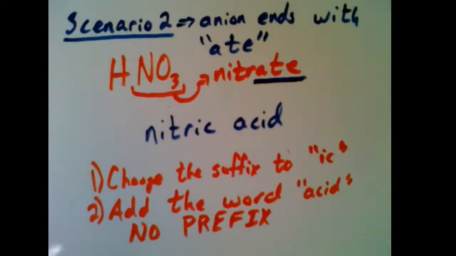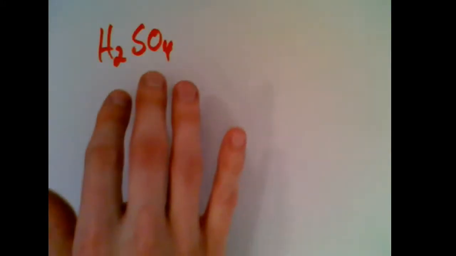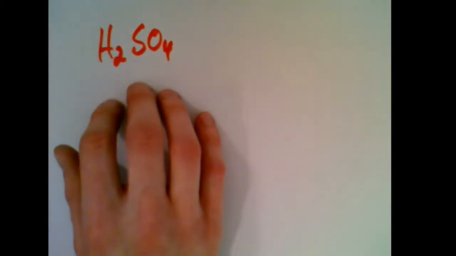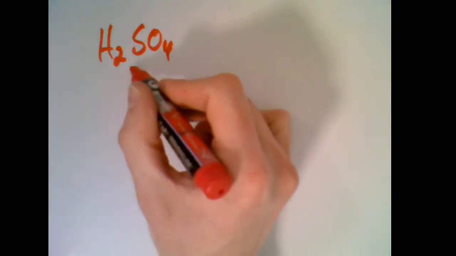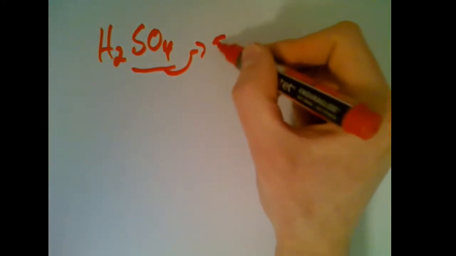Okay, so let's do some examples around this idea of using the ATE ending or the IC ending to help us understand some different acid names. So I'm just going to clean this up a little bit, and then we will take a look at some different acids. So let's say I'm looking at something like H2SO4. So first of all, recognize it's an acid with the H in the front, and then take a look at the negative part, and we notice that this would be called sulfate.